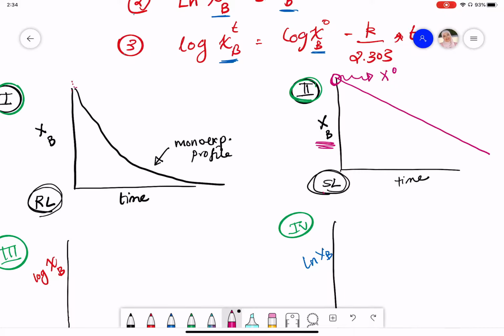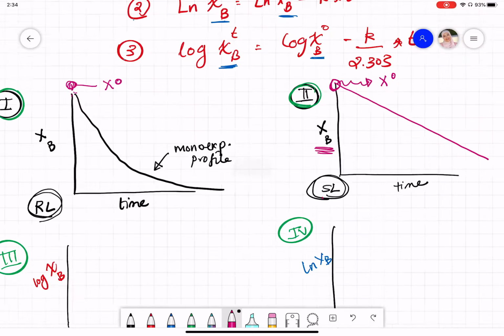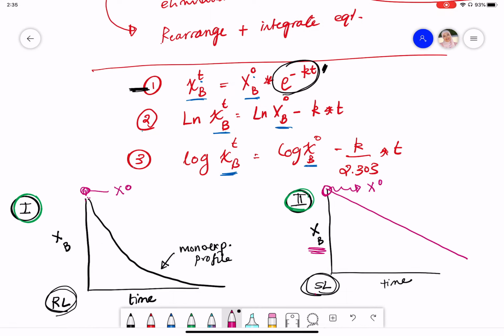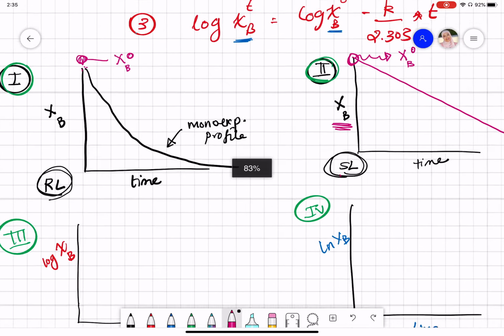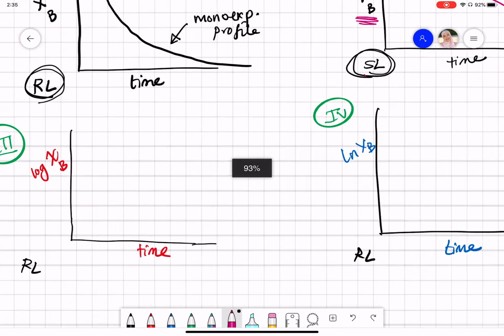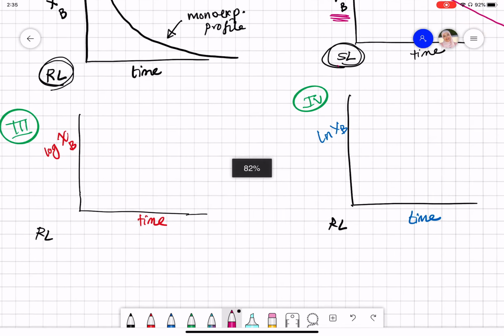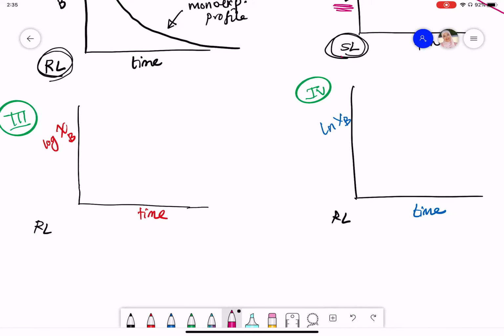And here your y-intercept will be your X naught, and this is for sure according to the equation that we have here. So let's go back to the log term. I will not just transfer from here to the equations above, so I will write it here: log Xp naught minus k over 2.303 multiplied by the time.